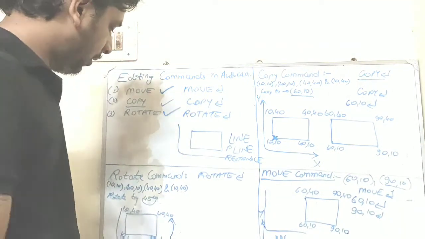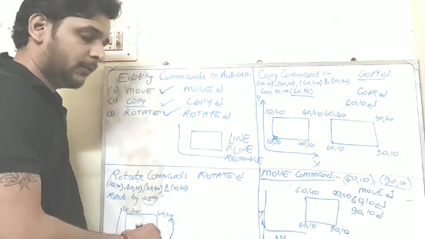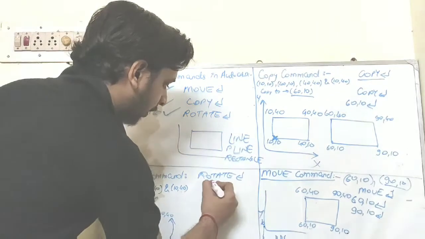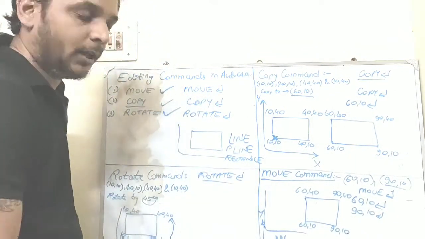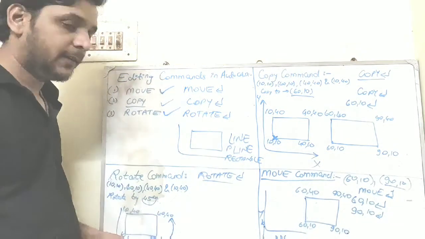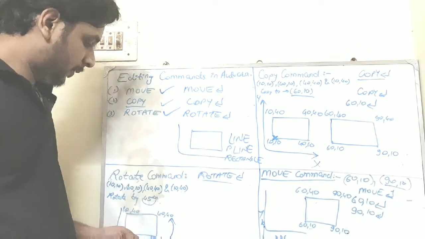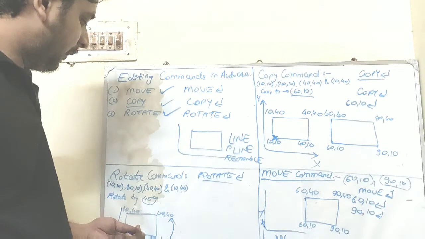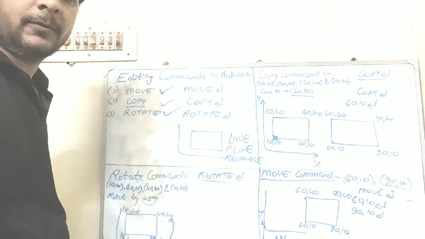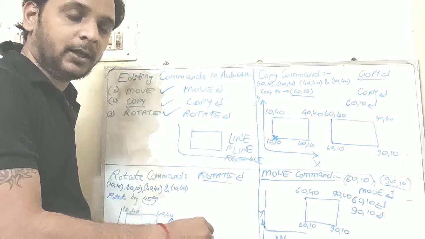Okay students? So for rotating this, at the command prompt type rotate and press enter key. When you press the enter key, the computer will ask you to specify the angle to rotate.